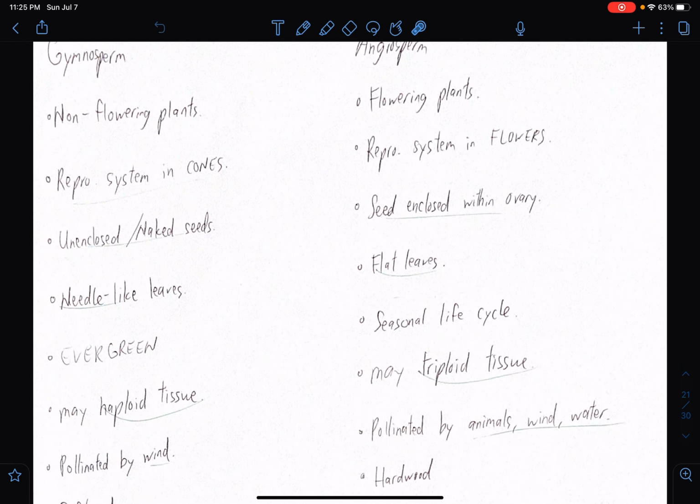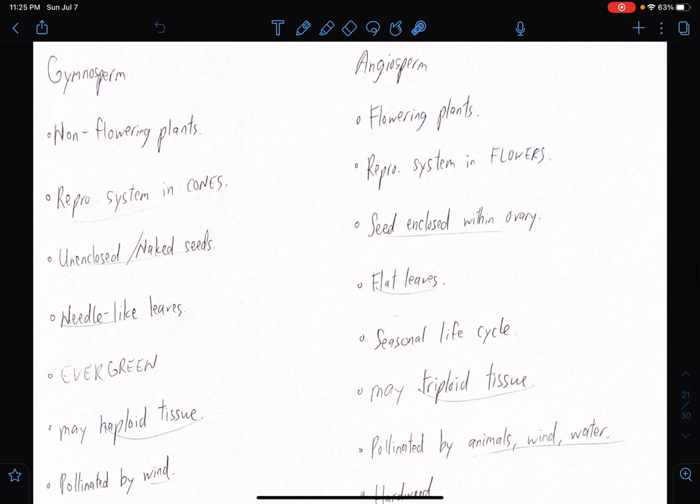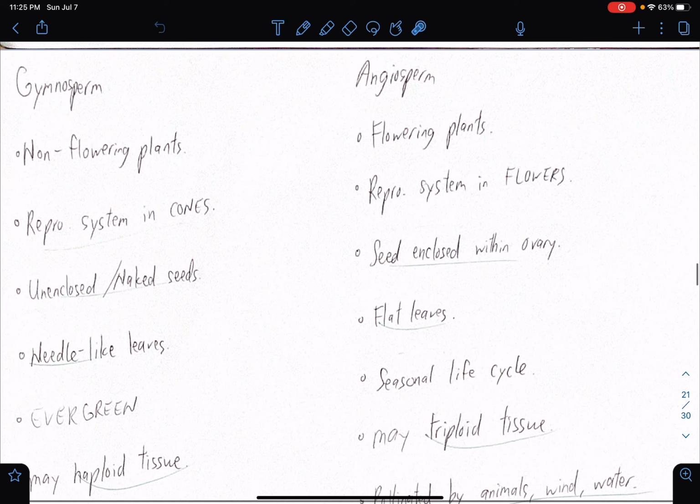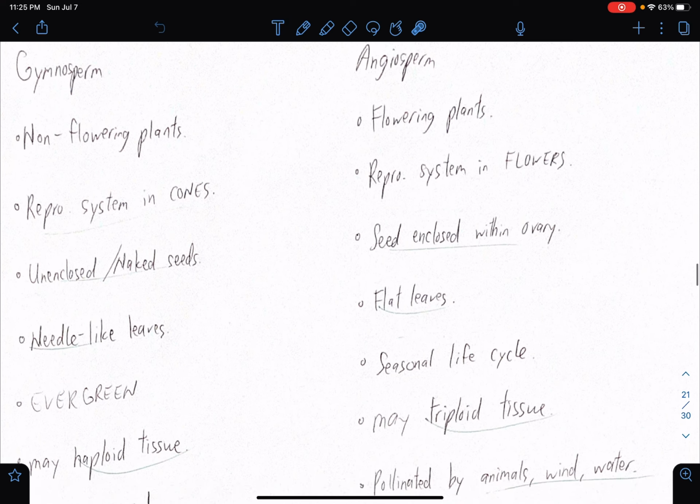And gymnosperms are only pollinated by one factor, the wind. Unlike angiosperms, they are pollinated by many factors: animals, wind, and water. The higher tendency for pollination among angiosperms explains why they are more diverse.